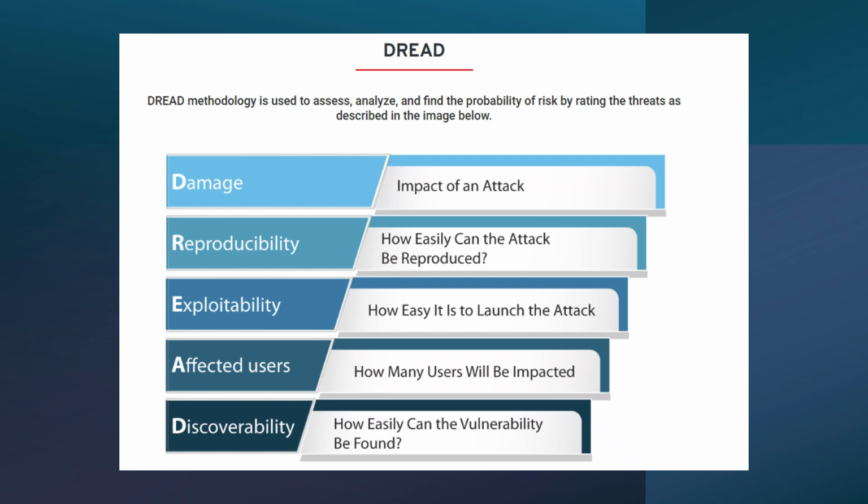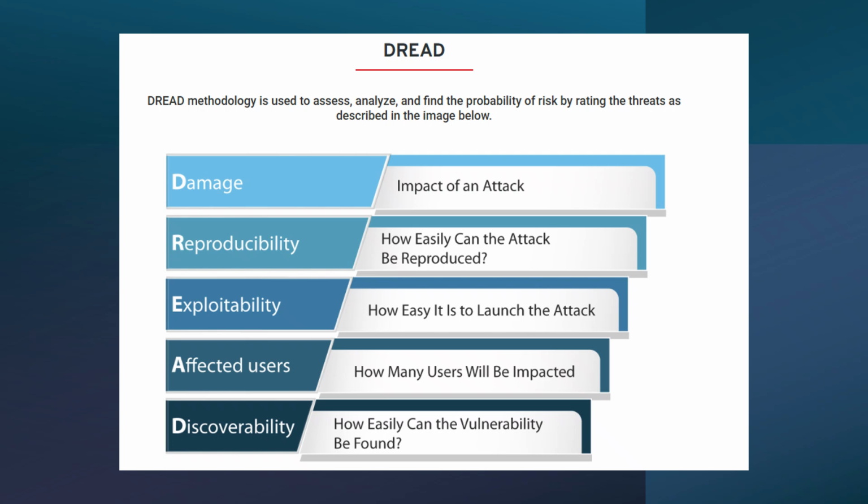Each factor is usually scored on a scale from 0 to 10, with the results averaged or totaled to produce an overall risk score. Higher scores indicate threats that require urgent attention, while lower scores may be addressed later.